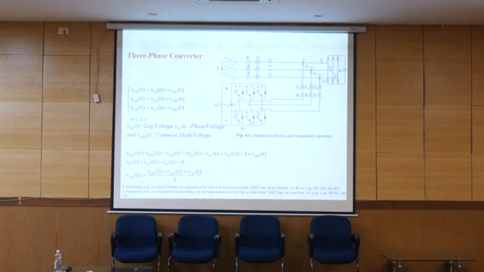So assuming we have a grid supplying the load, and we have a converter with a source here, and we are going to inject power to the grid and support the grid to supply the load and provide stable operating conditions for it. Based on what we discussed, this is a grid connected converter.